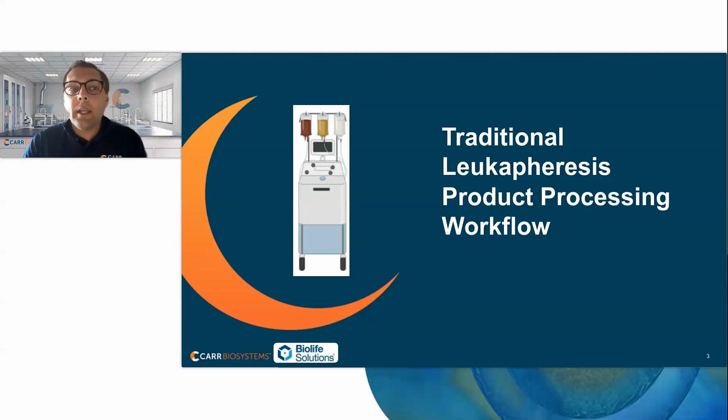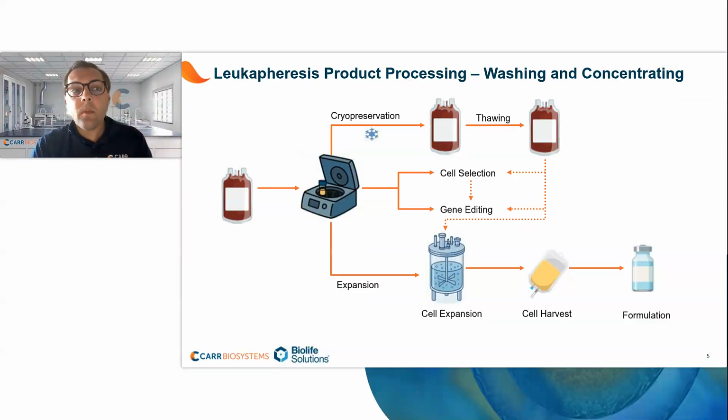So let's start by looking at the traditional leukapheresis product processing workflow. Taking a step back and looking at the initial leukapheresis that's collected through apheresis, there tends to be a variety of process steps that have to unfold prior to getting to the final formulated product.